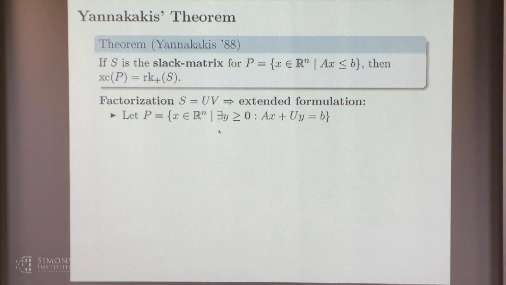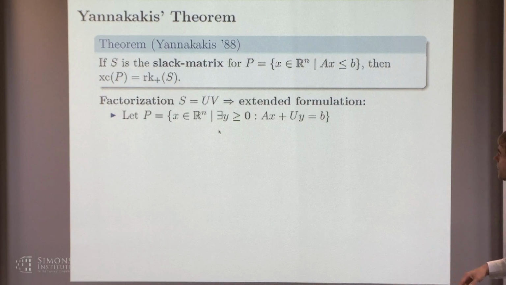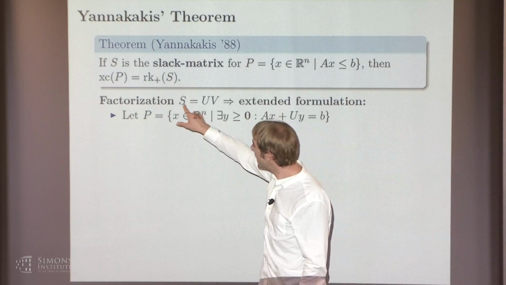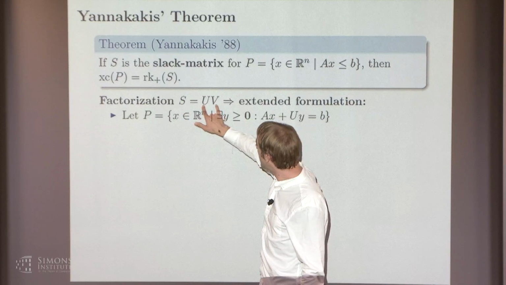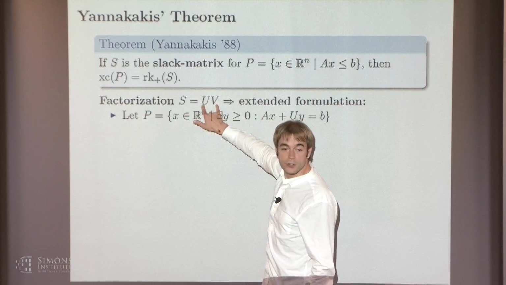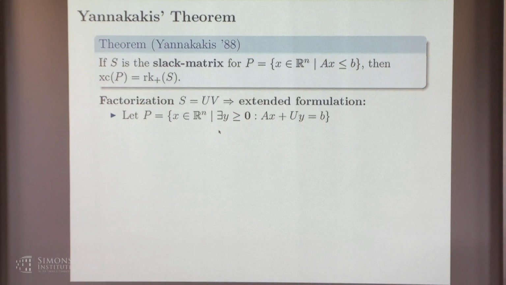Okay, let's see the proof, and the proof obviously has two directions. This is supposed to be the easy direction. Let's say this is your slack matrix, and you manage to factor it as U times V. These are non-negative matrices. How do you get an extended formulation out of that?